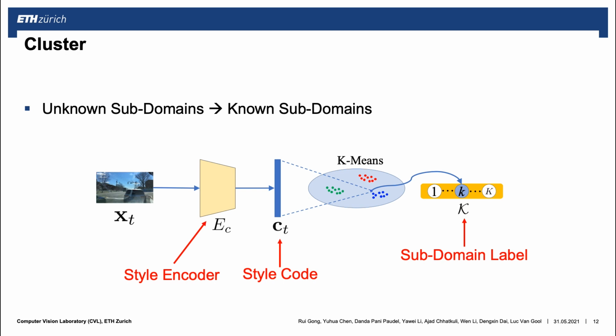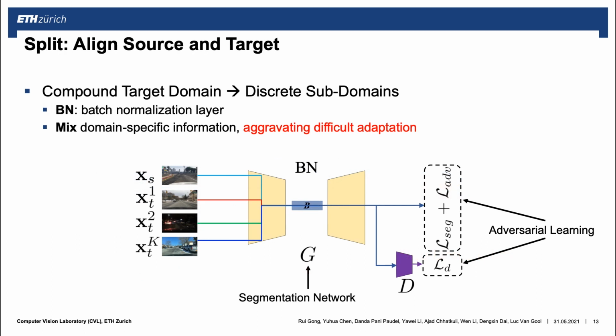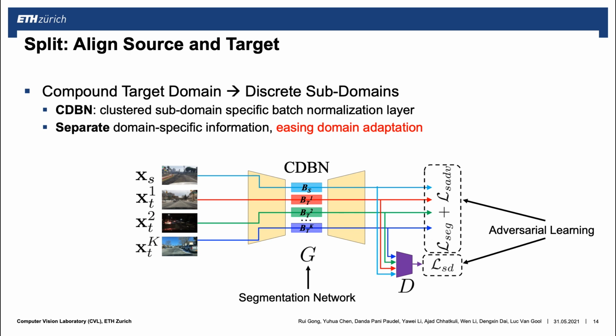Next, we introduce the split module. We adopt adversarial learning to align the domain distribution between the source and different target subdomains. In the traditional semantic segmentation network, the batch normalization layer is adopted, and the domain-specific information is mixed and increases the difficulty of domain adaptation. In our split module, we adopt the clustered subdomain-specific batch normalization layer.